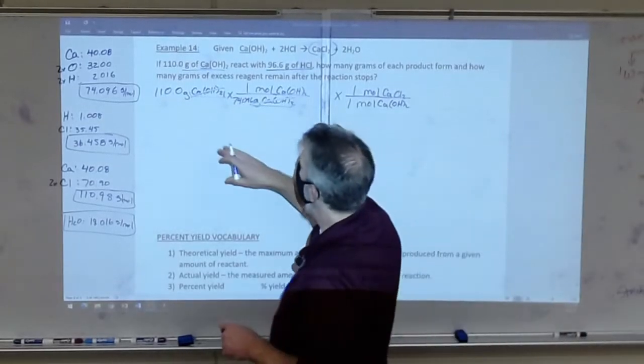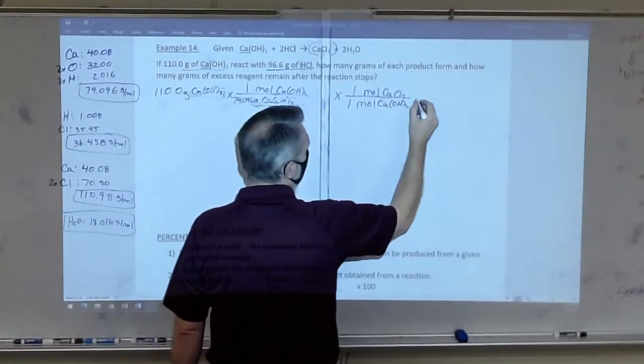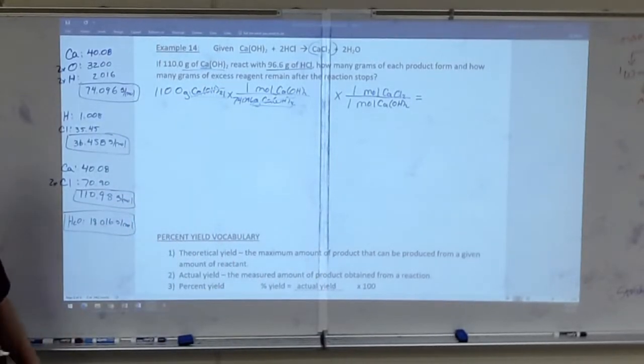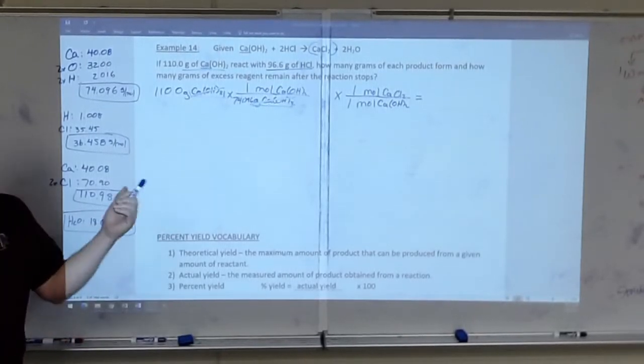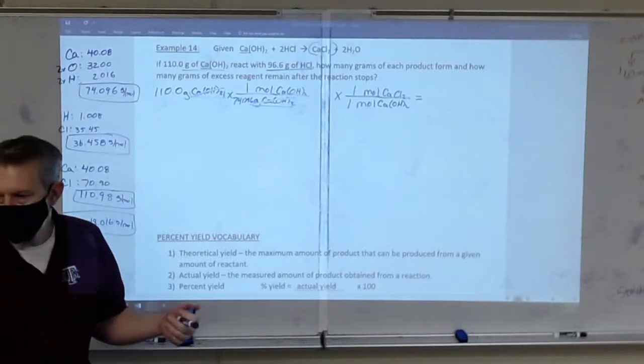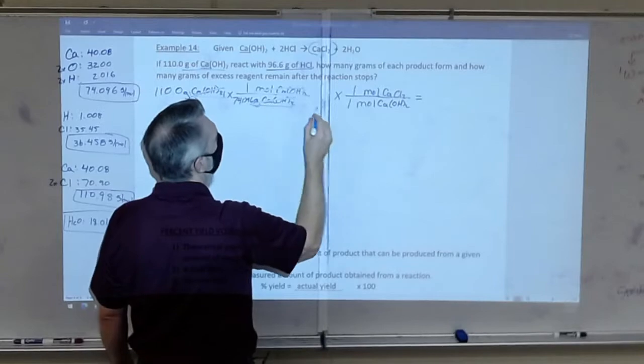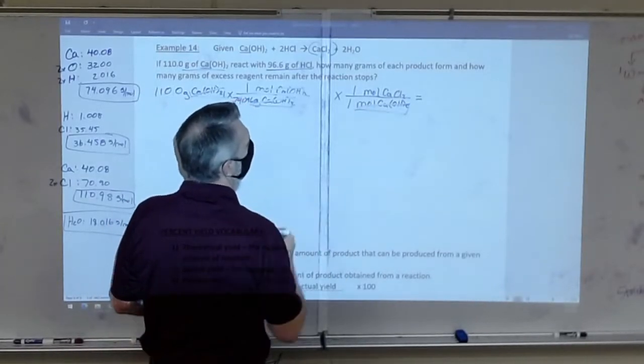So right now, if I solved it, I could tell you how many moles of calcium chloride I had. What I really want to know first is what my limiting reactant is. That's my first concern, because if I can solve for the limiting reactant, I can figure out the rest.